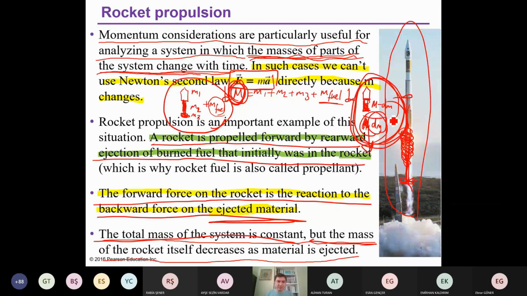So the total mass of the system is constant, but the mass of the rocket itself decreases as material is ejected. So mass of this part decreases, okay?